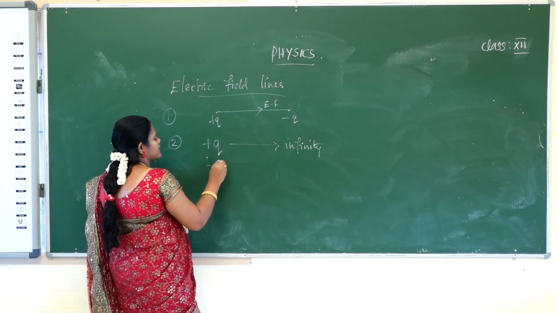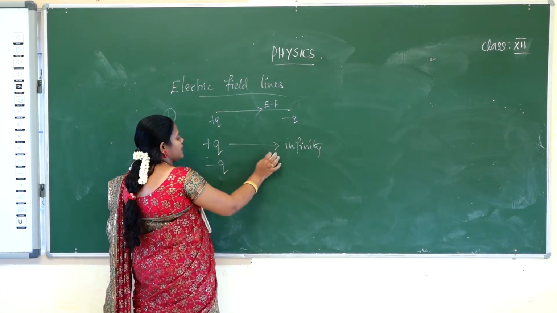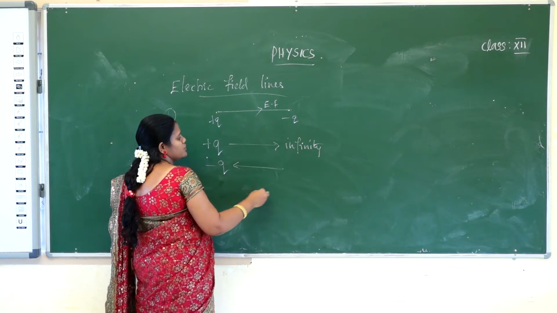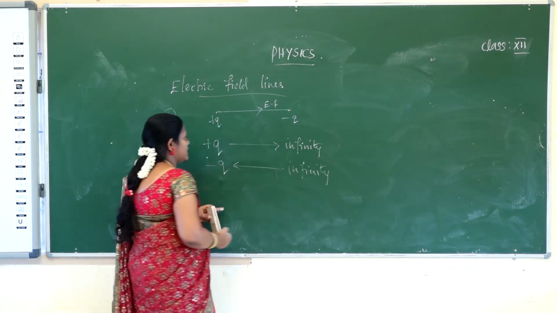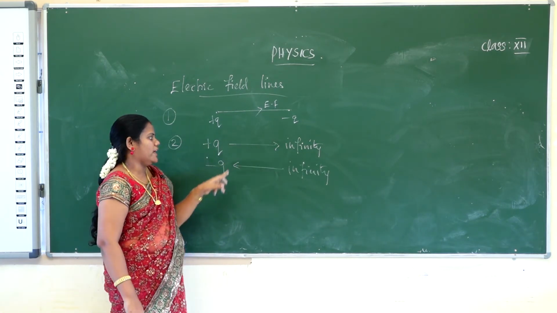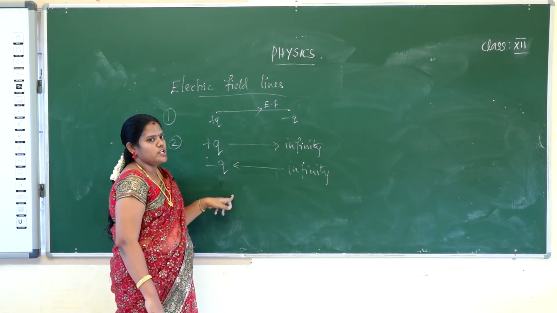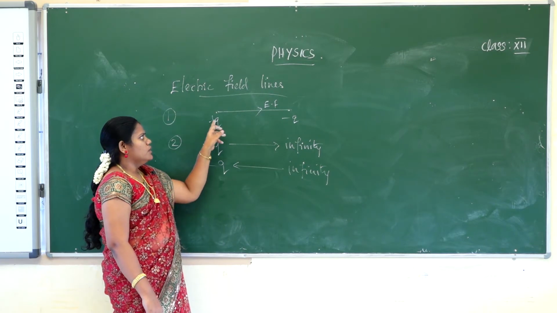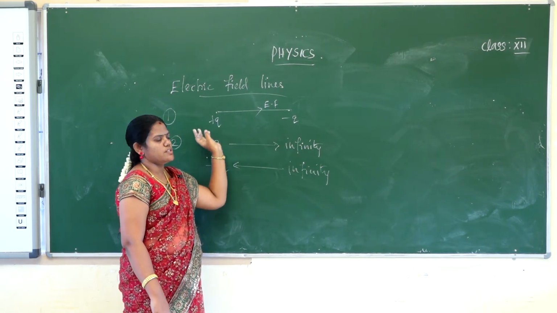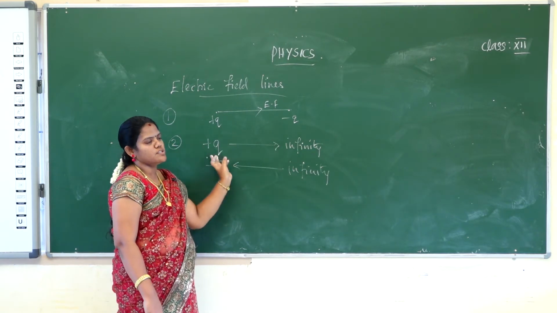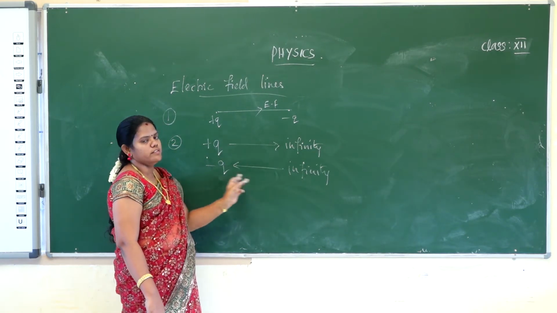Suppose it is a negative charge; the electric field moves from infinity to that charge. If two charges are considered, the electric field moves from the positive charge to the negative charge. For a positive charge it goes from the charge to infinity, and for a negative charge from infinity to the charge.